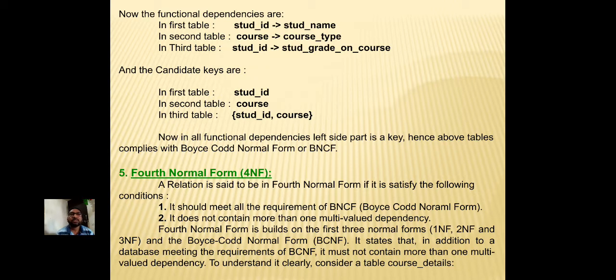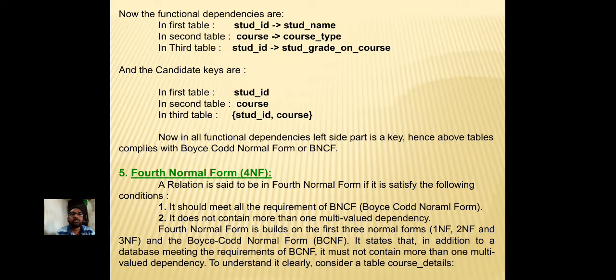Now in all functional dependencies, the left side is a key. Hence the above tables comply with Boyce-Codd normal form, BCNF. Fifth, fourth normal form, 4NF. A relation is said to be in fourth normal form if it satisfies the following conditions. First, it should meet all the requirements of BCNF, and second, it does not contain more than one multi-valued dependency.